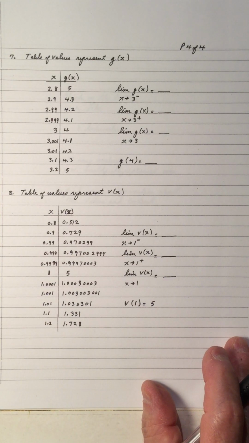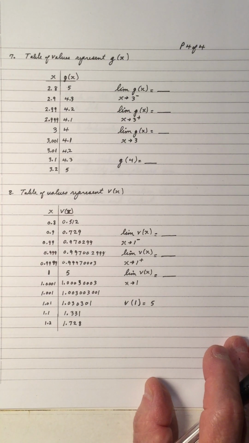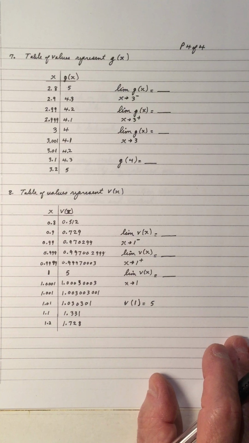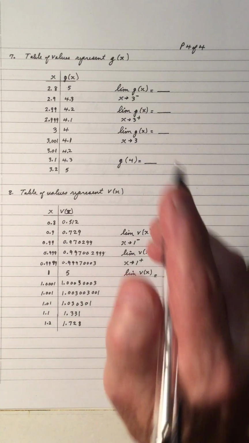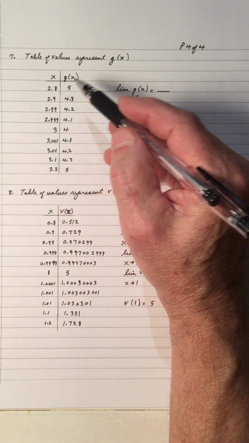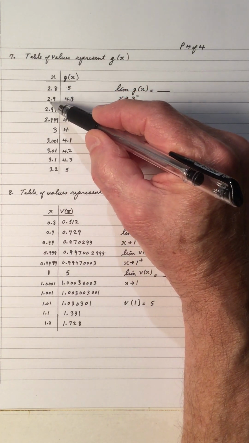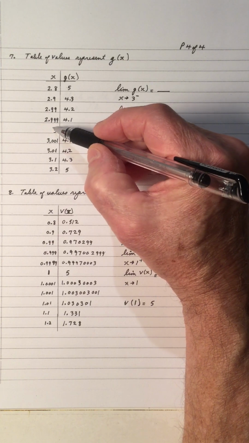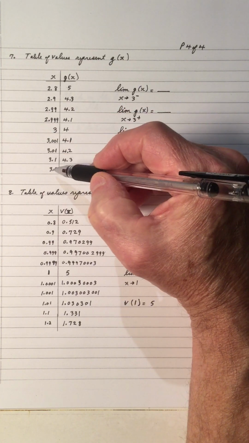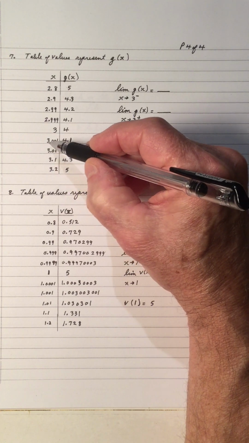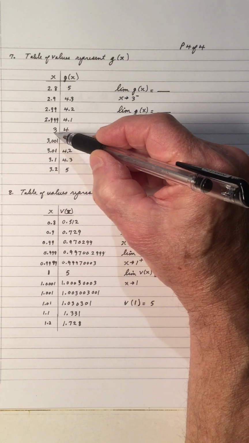And we can also look at it from the point of view of a table of values. Again, you have to find out where you're going to in relation. Notice the table of values here of the g of x. You've got 2.8, 2.9, 2.99, getting closer to 3. This is 3.2, 3.1, 3.01, getting closer and closer to 3.